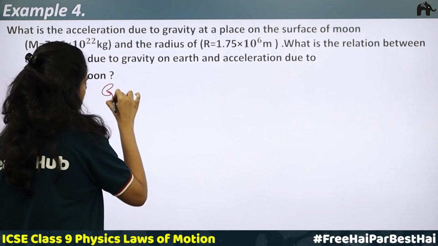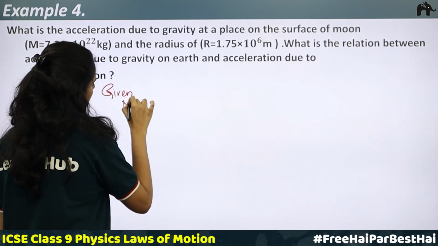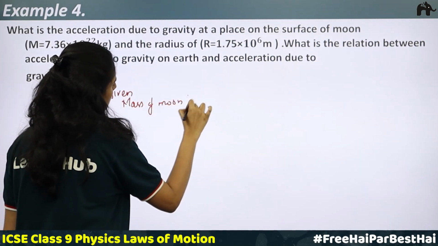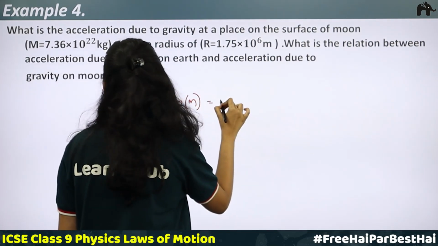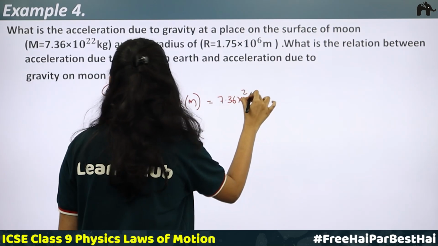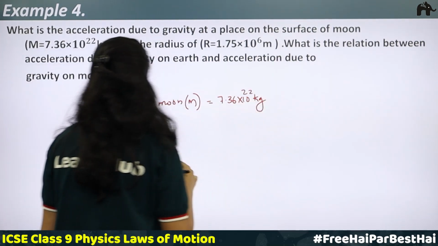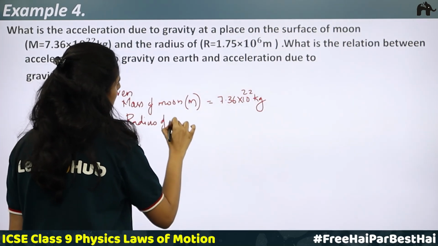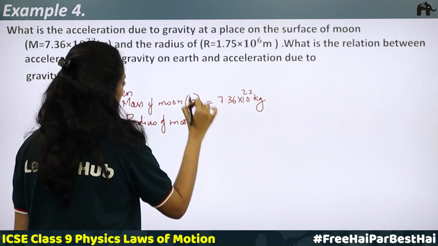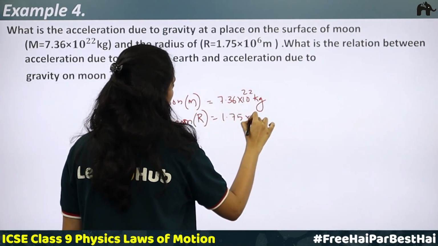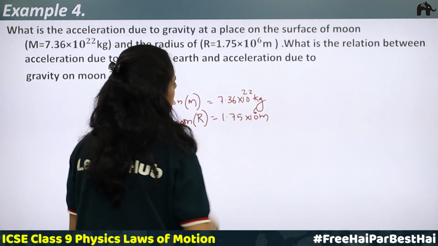We are given the mass of moon m is equal to 7.36 into 10 raised to 22 kilogram. Then we have the radius of moon r is equal to 1.75 into 10 raised to 6 meter.